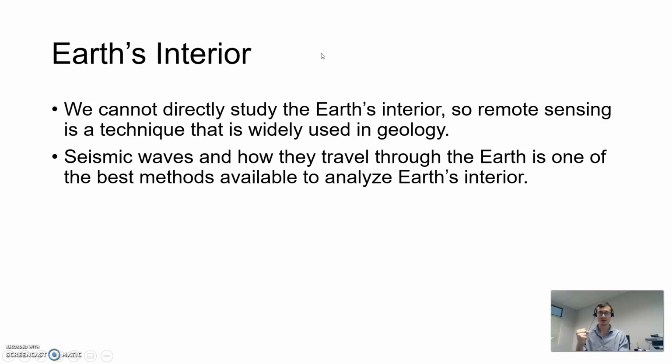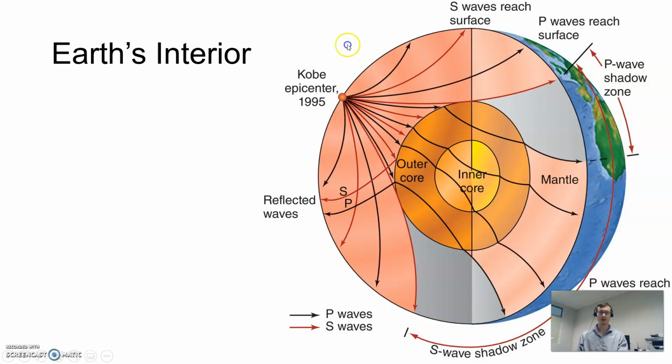There's an earthquake somewhere, we listen to those waves all over the world at different stations, and we piece together using differences from those stations to get an idea of what the interior structure of the Earth most likely looks like. So here we have the epicenter of a massive earthquake, something that is so big that it can be felt all over the world.